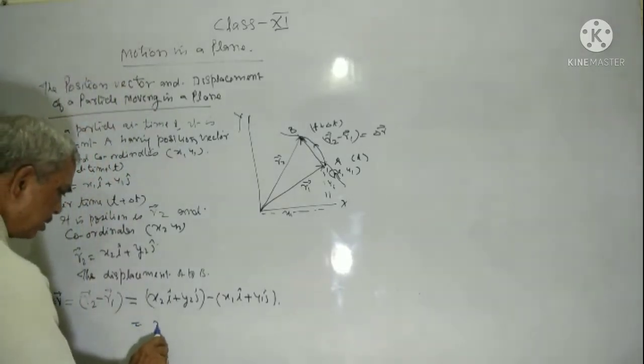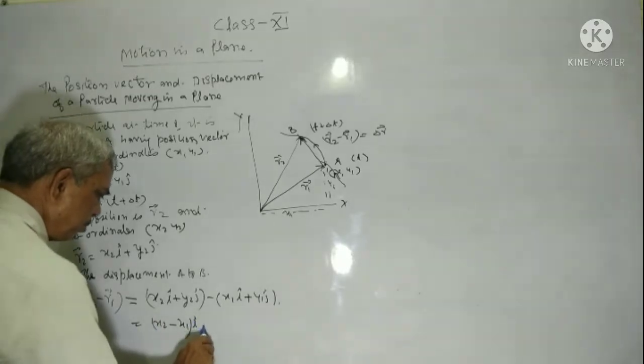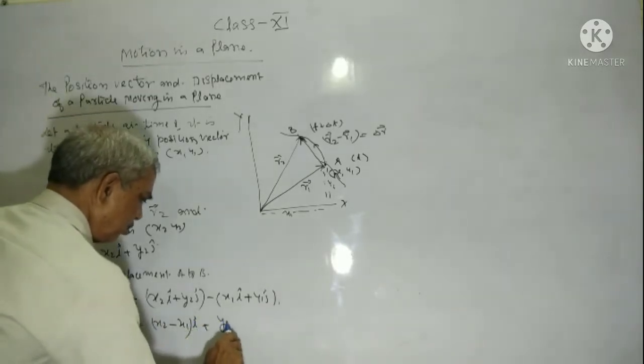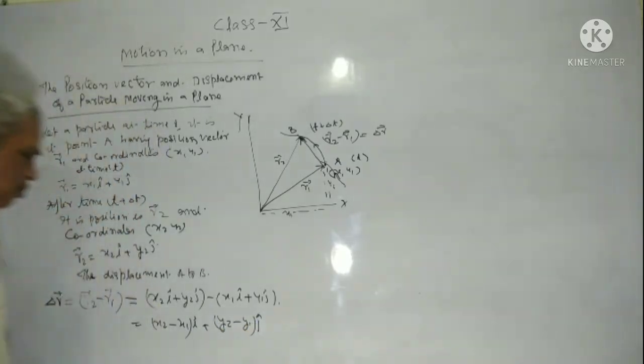It becomes x2 minus x1 i cap plus y2 minus y1 j cap.